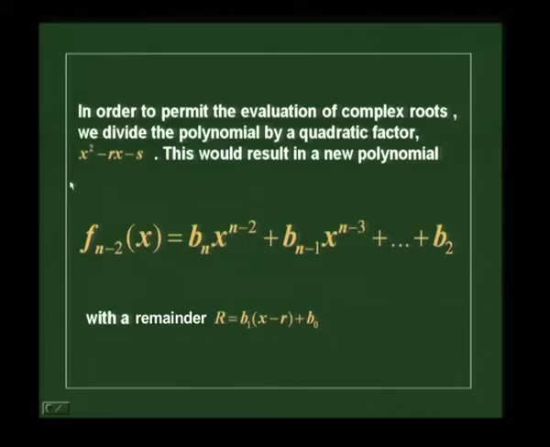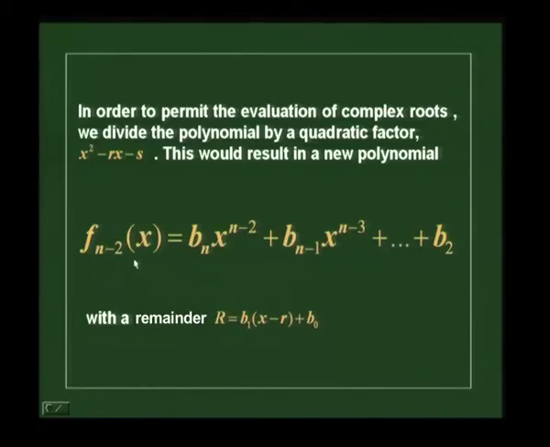If I take an arbitrary quadratic polynomial of this form with some coefficients r and s and divide my polynomial of order n by that, I will get a polynomial of order n minus 2 and a remainder, which is b1 (x minus r) plus b0, a first order remainder. So that is what would remain.